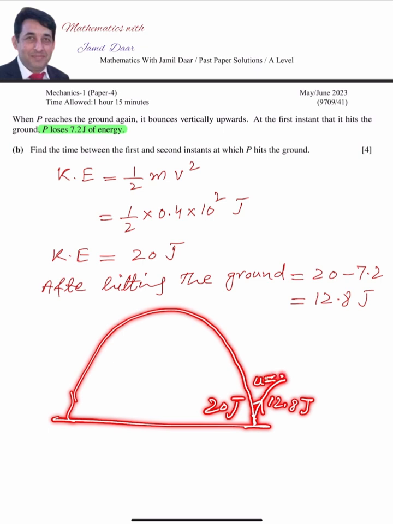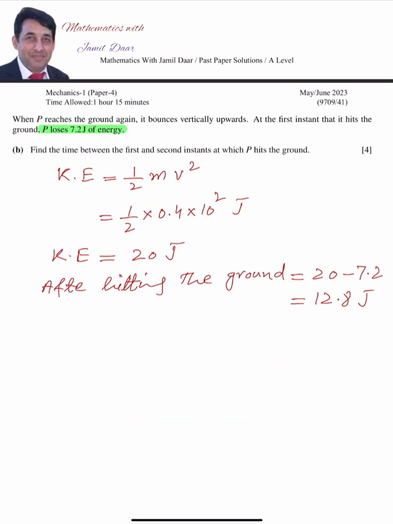It moves upwards, right? So half mv square, this energy is 12.8 joules. And we'll find out the initial velocity.